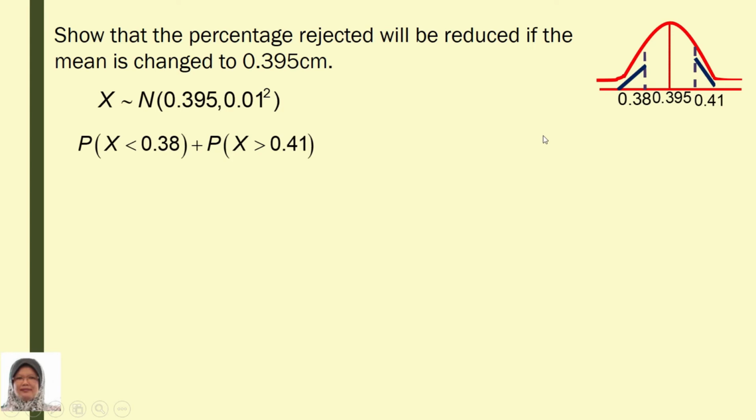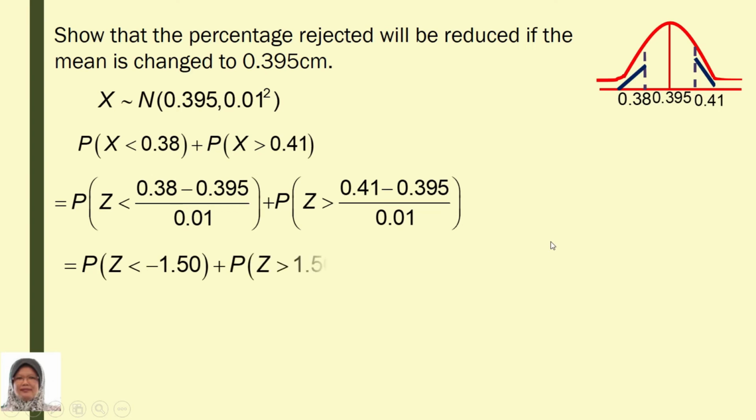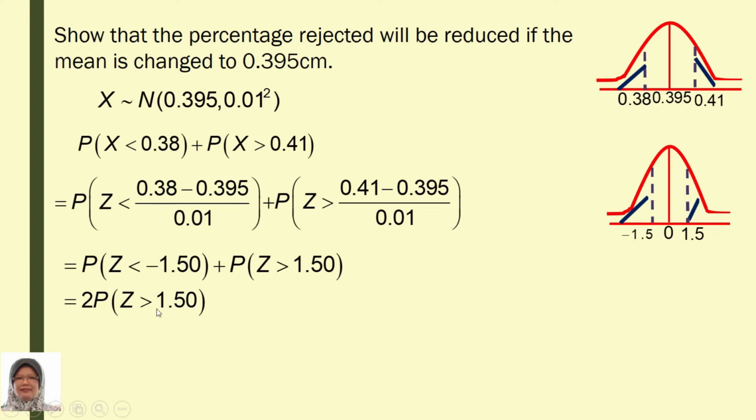We look at the graph and change to the Z distribution and we get P(Z < -1.5) + P(Z > 1.5). We can write 2P(Z > 1.5), and reading the statistic table at 1.5, we get 2 times 0.0668, and the answer is 0.1336.